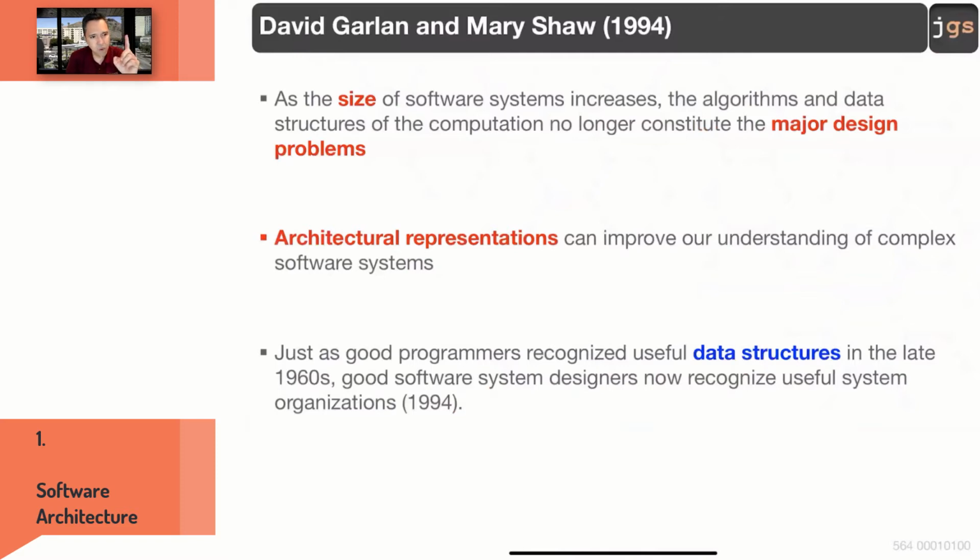Complexity. One of the things that imply complexity in software is size. And you noticed that word, hopefully, in the paper with Garlan. So the size increases. And talking about size, we're talking about lines of code. More lines of code, more methods, more classes, more packages.